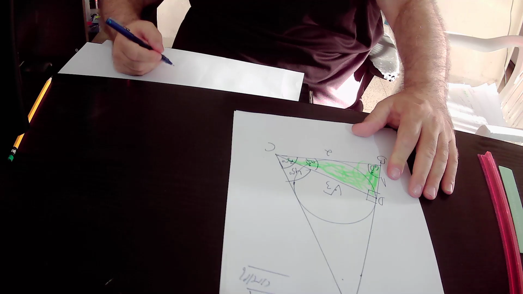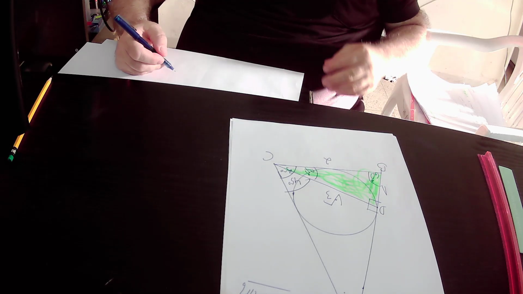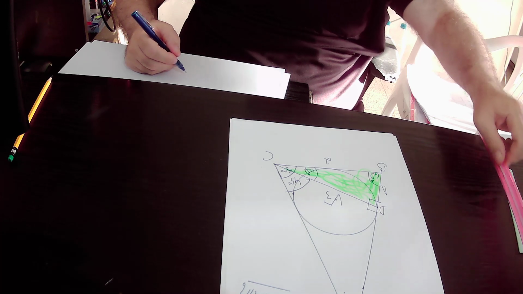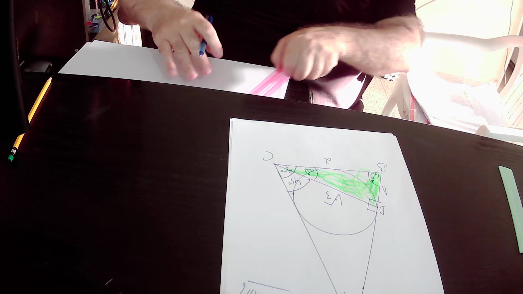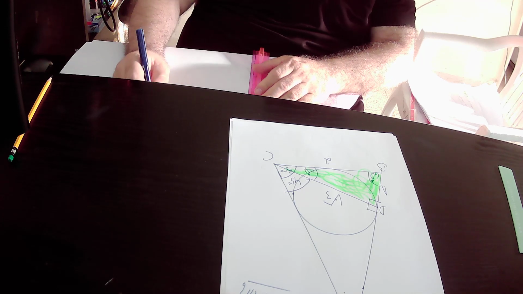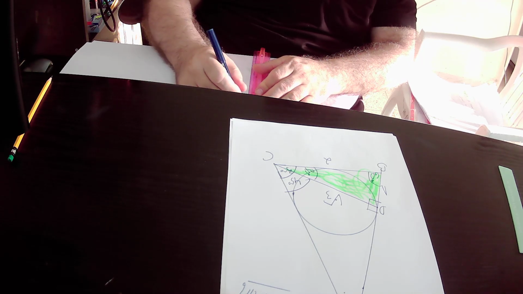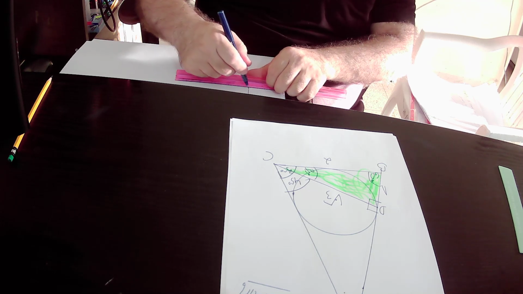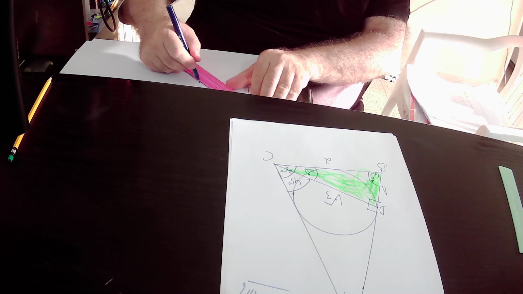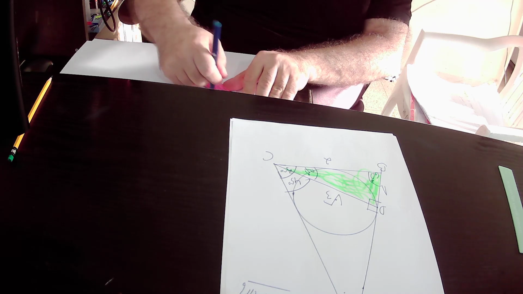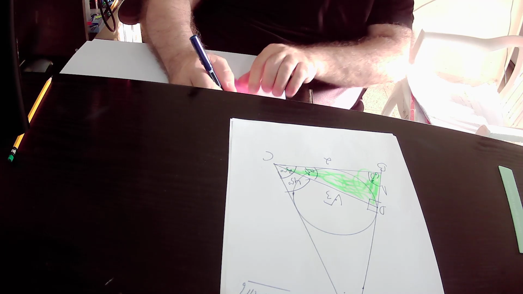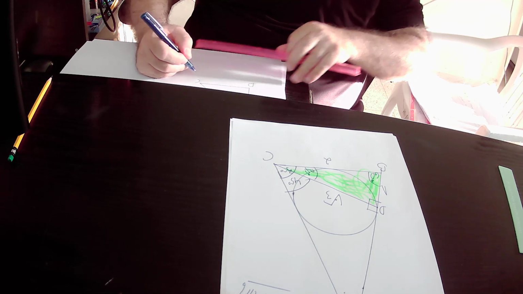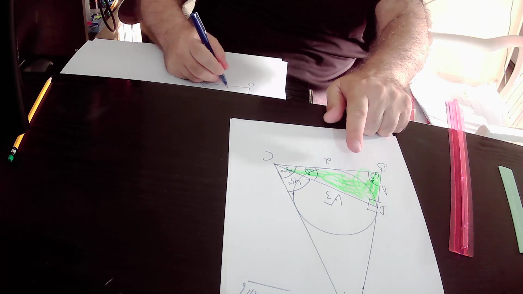So in the next step, I will copy triangle ADC in a new page, and we will analyze triangle ADC. This triangle, triangle ADC. DC equals square root of 3 units.